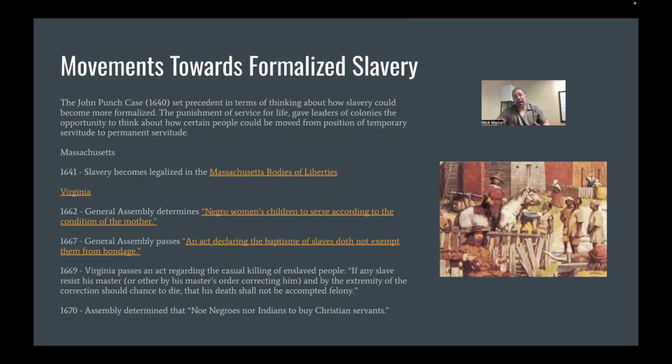So what happens is that slavery gradually becomes something that is formalized. Slavery becomes associated with one group over time, right? It is not something that automatically happens. It is a process of various practices that eventually become legal policies.